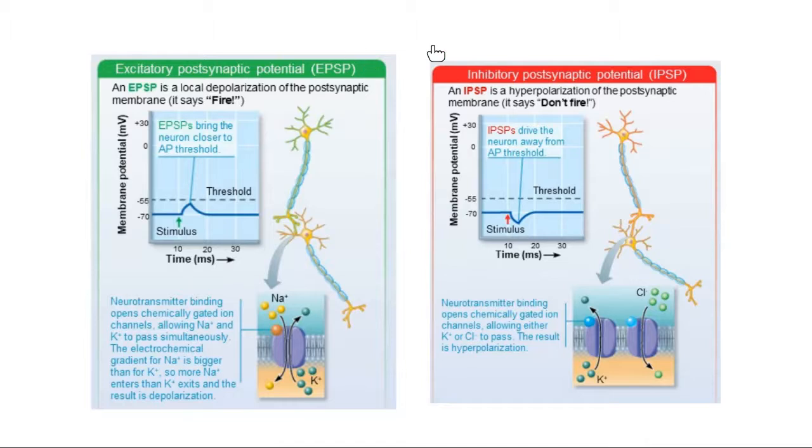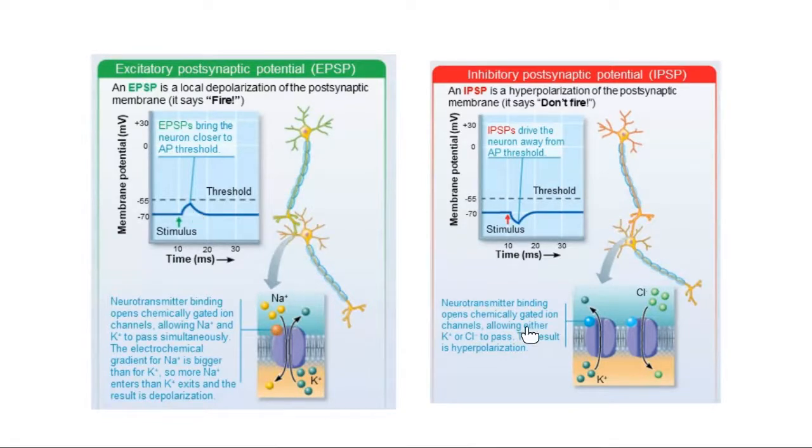These are two really helpful pictures to summarize what we just talked about. A chemically gated sodium channel allows sodium to rush inside the cell, and that makes my membrane charge go up because I'm bringing in sodium. It gets more positive.